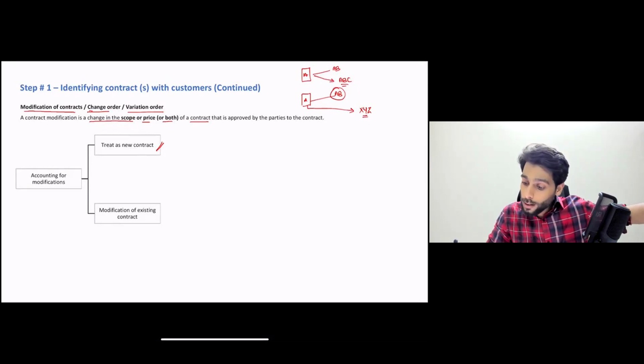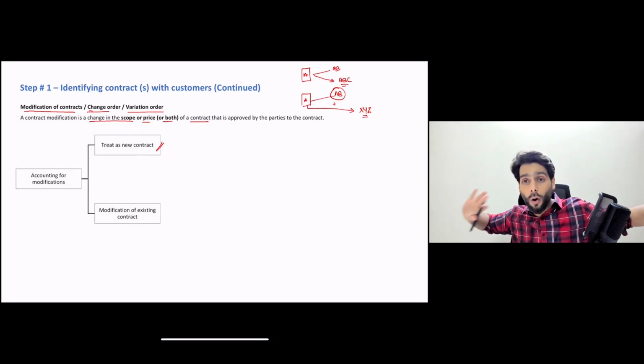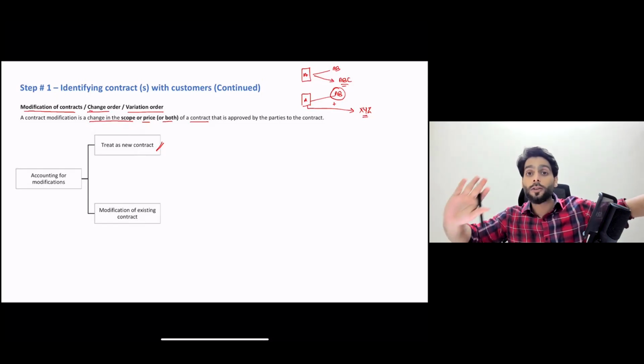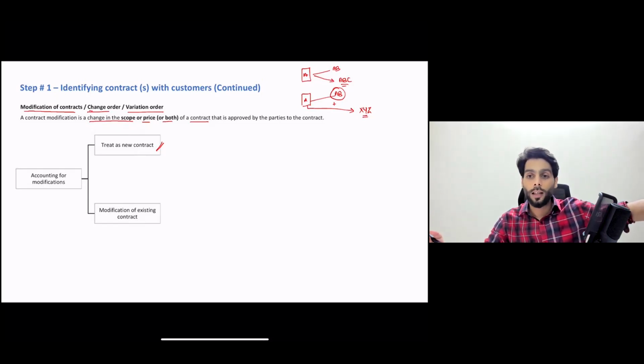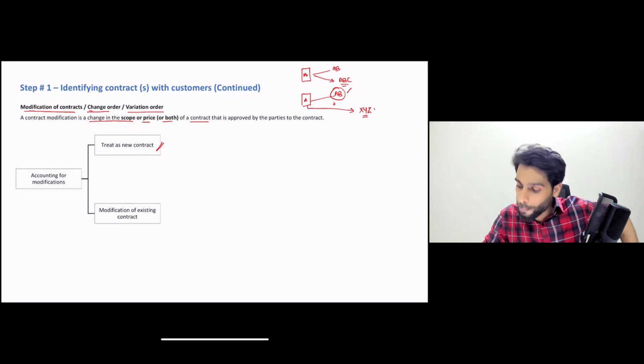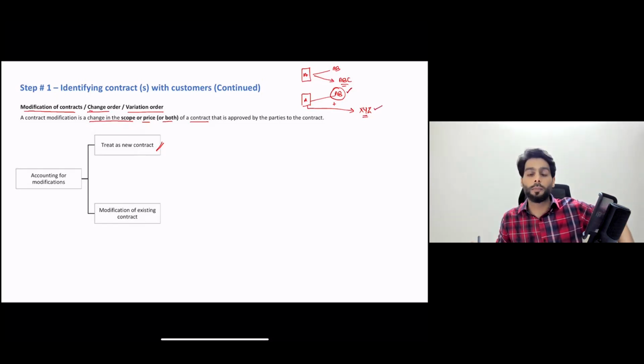And now the customer also sends you a variation that please also deliver XYZ, which is an altogether separate product. It has no relation to AB. So my friends, in that case, this is a separate thing. This is a separate performance obligation. It's better to treat these two items as a separate contract in totality.